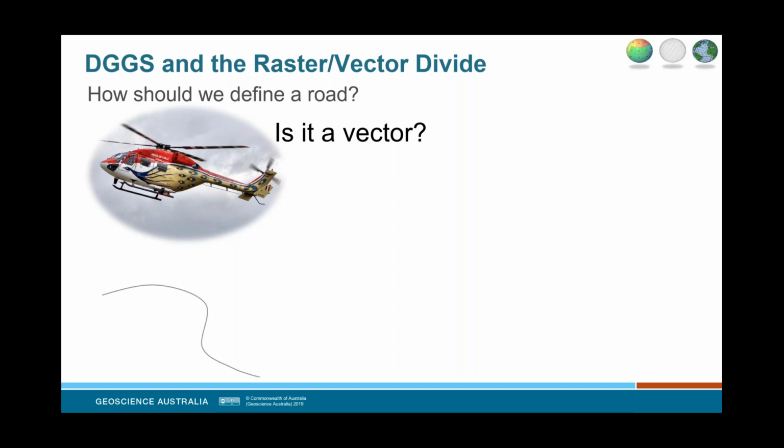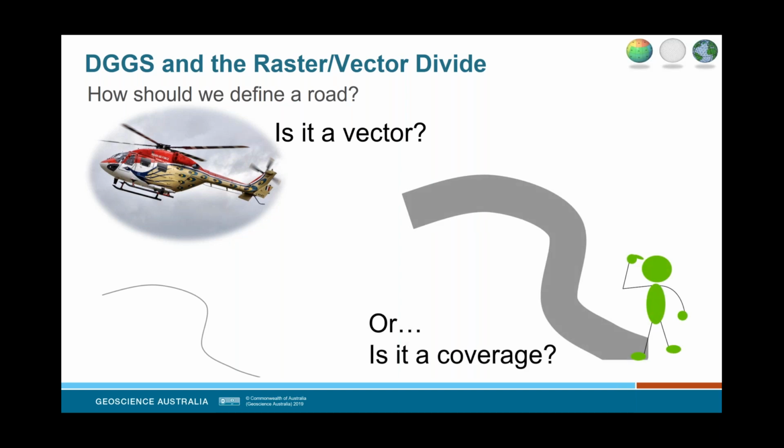But if we look at a road, say, from a helicopter, it looks like a line, this tiny little sinuous sort of thing, which is what we think of as a vector object. But if we're standing on that road, is it a line? Is it a wiggly sort of thin line that's sort of got these points that have perfect precision to them? Well, no. When we're standing on the road, it's a coverage. It's got lateral space to it.